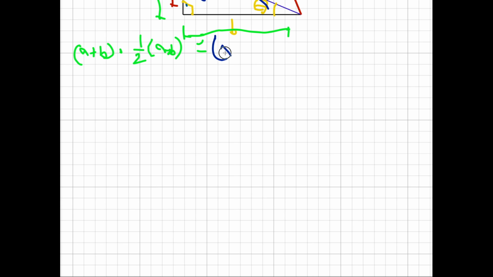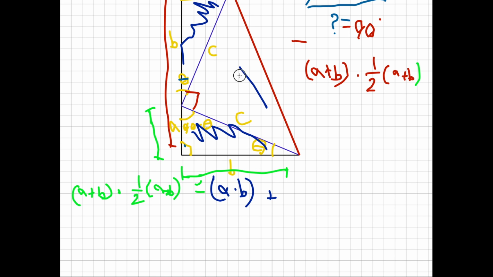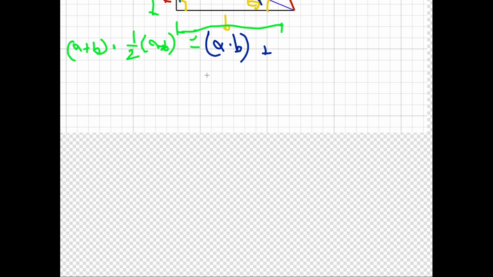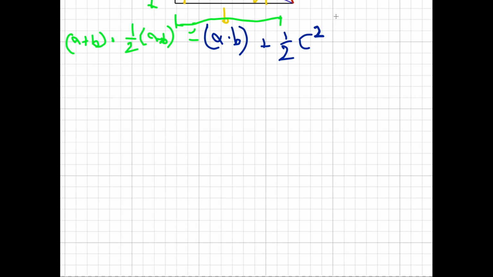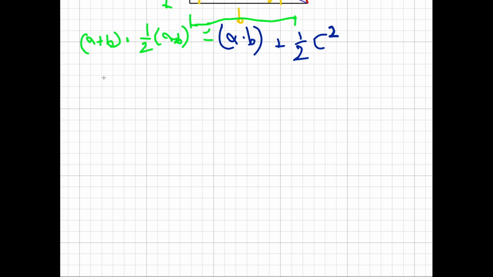So we have a times b twice, or 1/2 twice, so that's just 1, plus the area of the big triangle, this triangle here, or 1/2 c. Okay, actually it's going to be c squared because there are two of them. I don't really like these 1/2s hanging around, so first of all, let's simplify this left-hand side.